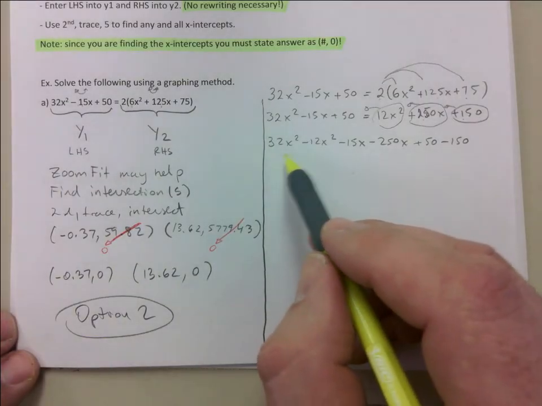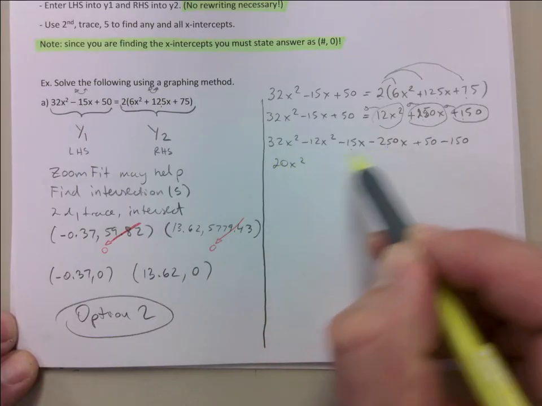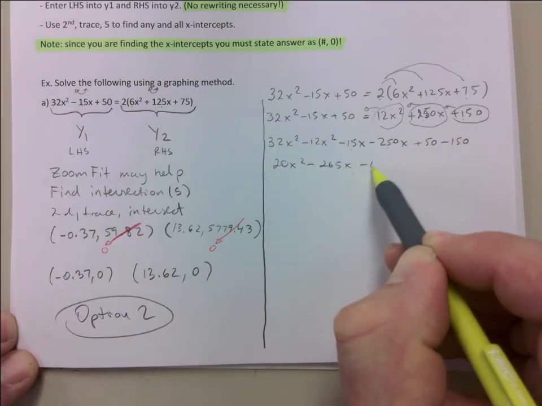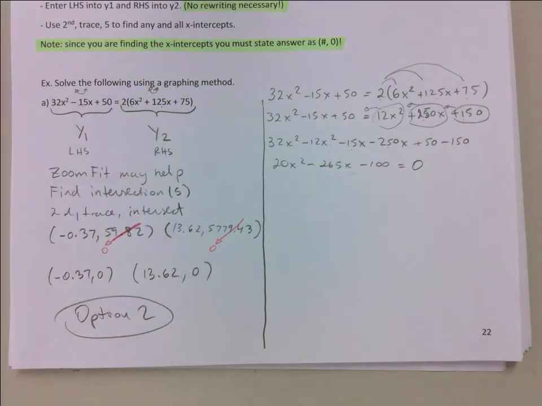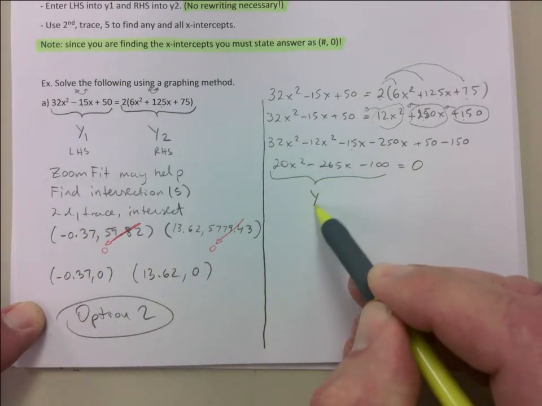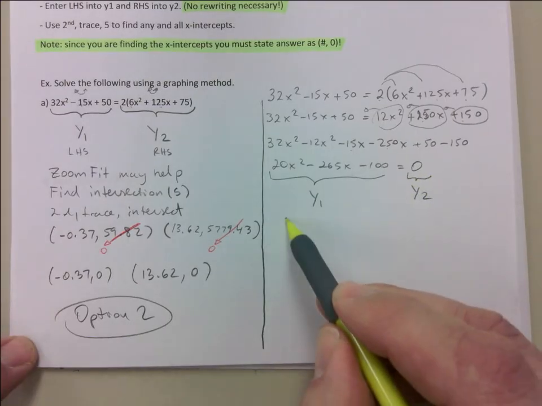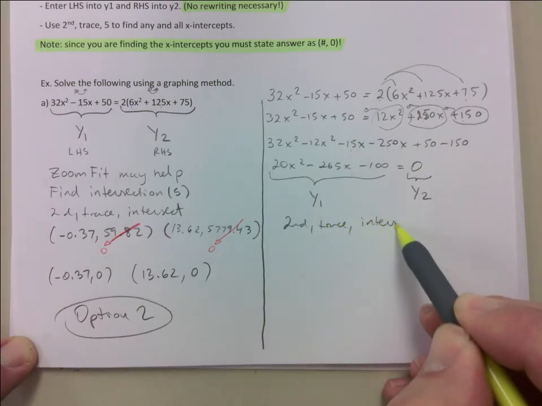This is 20x squared minus 265x minus 100 is equal to 0. And now you do the same thing we did over here. You put this into y1, this into y2, second, trace, intersect.